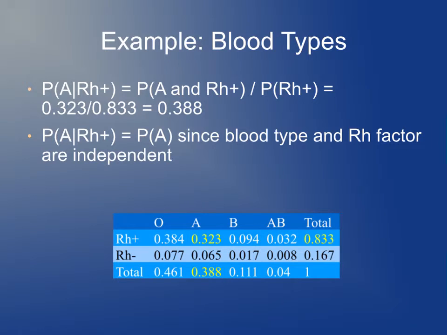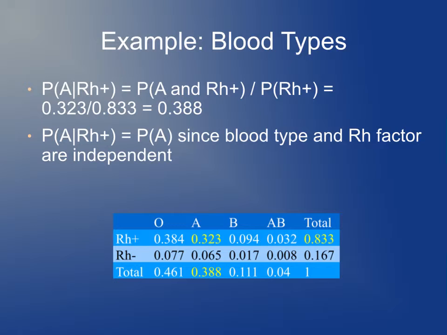So let's do this with the blood type example. Let's say we know that a person is Rh positive. We want to find the probability that they have type A blood. That's the probability of being A and Rh positive divided by the probability of being Rh positive, which is 0.323 divided by 0.833, which is 0.388, which is just the probability of being type A in the first place.